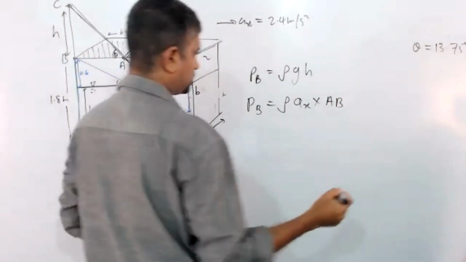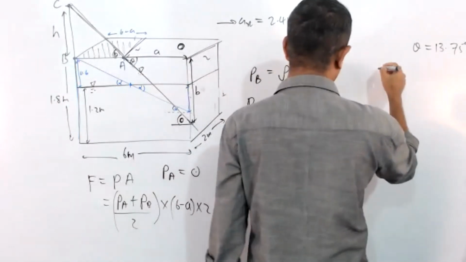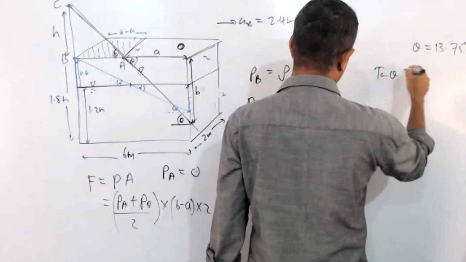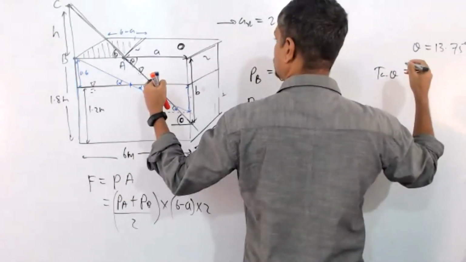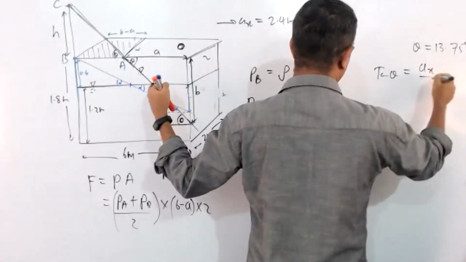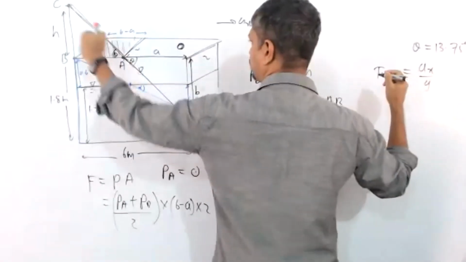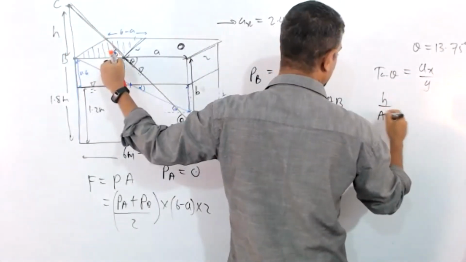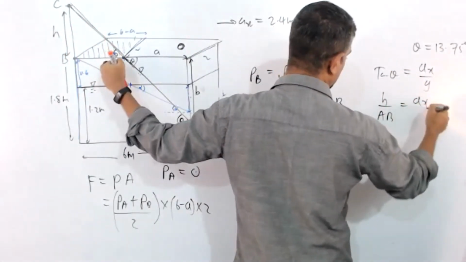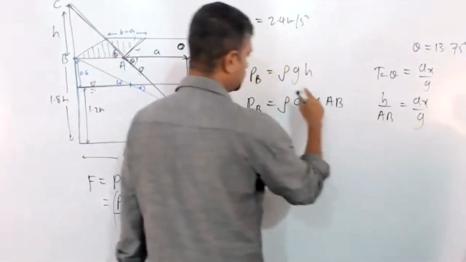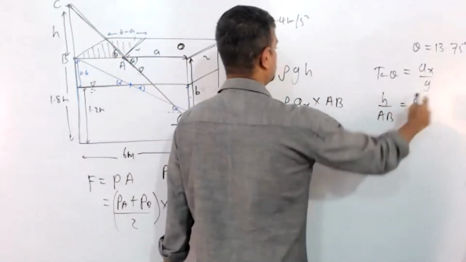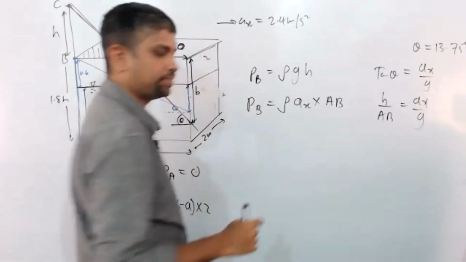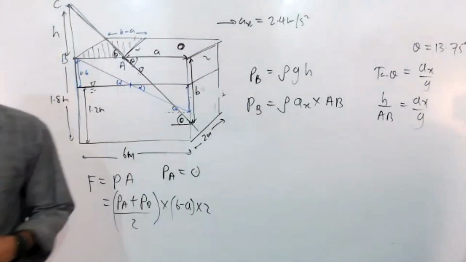You can see that tan theta is equal to AX over G. By this diagram, tan theta is equal to H over AB. So you can see that the GH product is equal to AX into B.